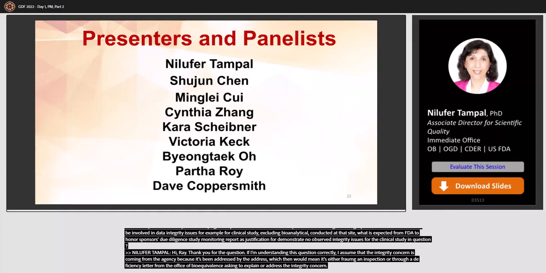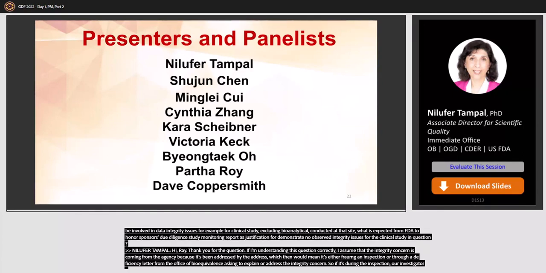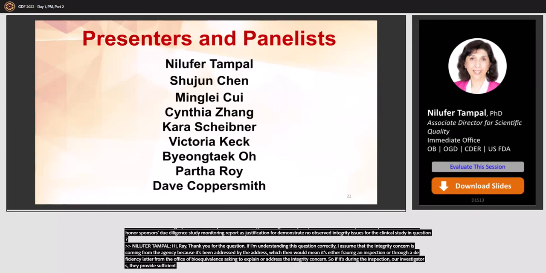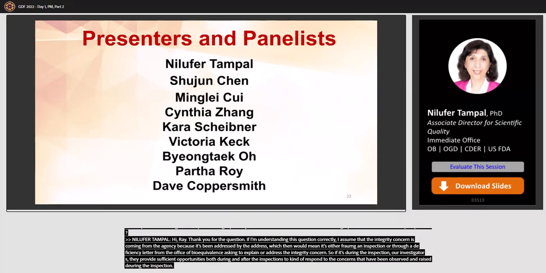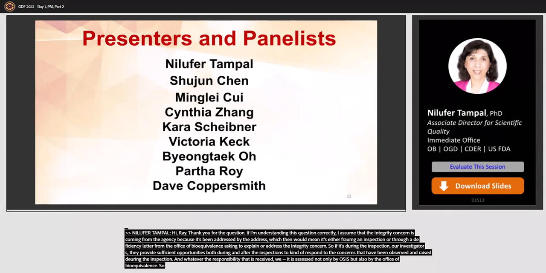If it's during the inspection, our investigators provide sufficient opportunities both during and after the inspections to respond to the concerns that have been observed and raised during the inspection. And whatever response is received, it is assessed not only by OSIS, but also by the Office of Bioequivalence. So there will be an assessment done.